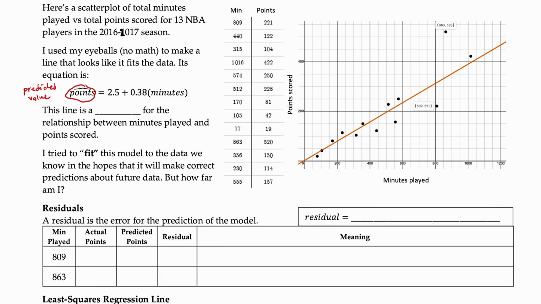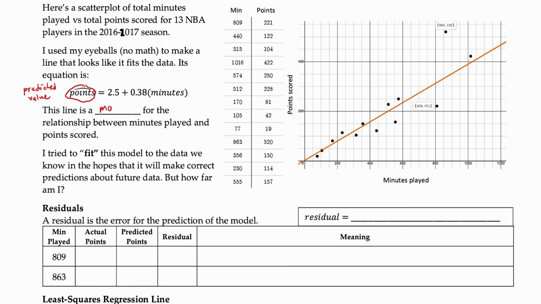So I have here in my data somebody that looks like they played 809 minutes. Just because I plug in 809 minutes doesn't mean I'm going to get exactly that y value. You can see that it won't be true because my line is way above that point. So that's why I have the little hat, to signify the model predicts this amount of points for this player.